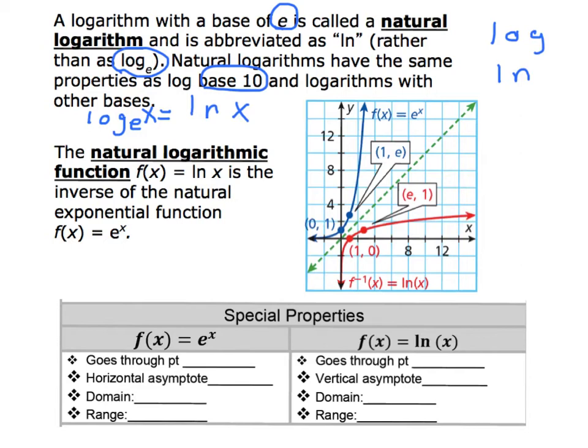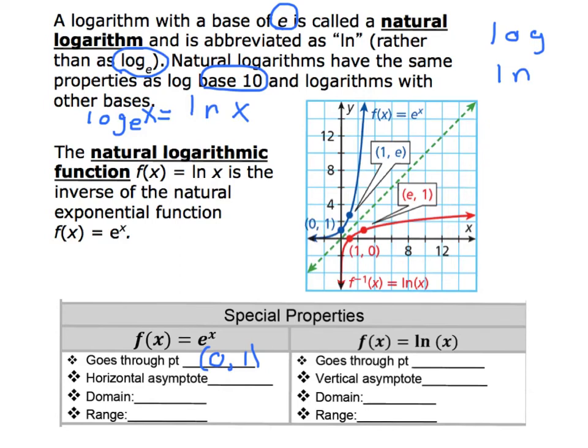They also switch. All right, so let's go ahead and take a second here and let me talk a little bit about some characteristics of f of x equals e to the x. So first of all, I see that it goes through the point (0, 1). Okay, now in your notes, guys, make sure you get these special properties down.